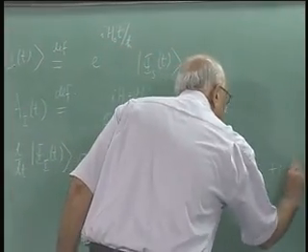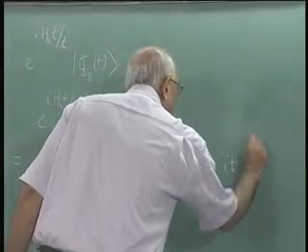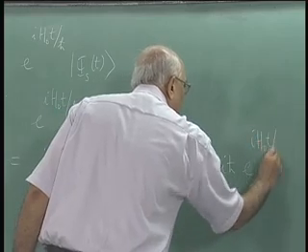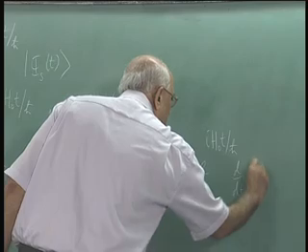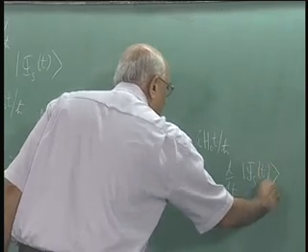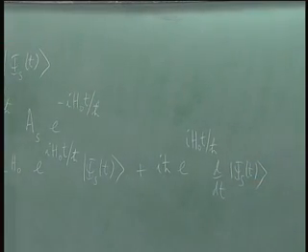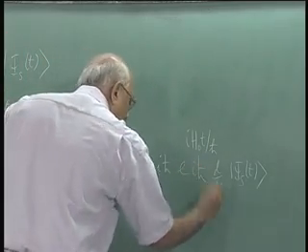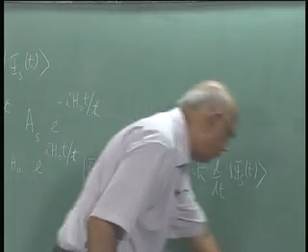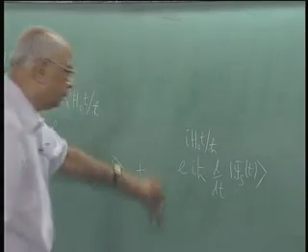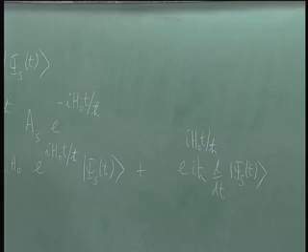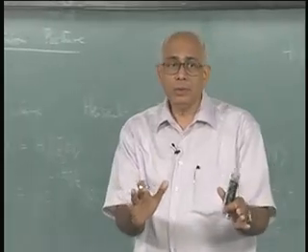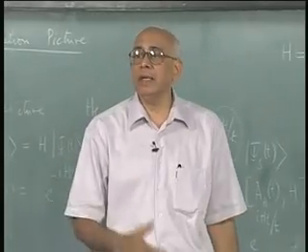plus iħ e^(iH₀t/ħ) d/dt ψ_S(t). This is iħ times d/dt. But iħ d/dt ψ_S(t) is the total Hamiltonian acting on ψ_S(t) by definition.